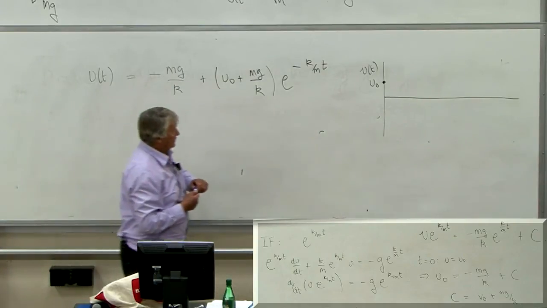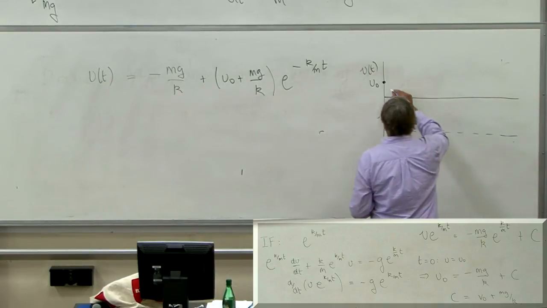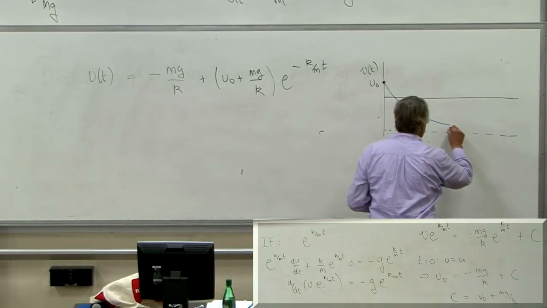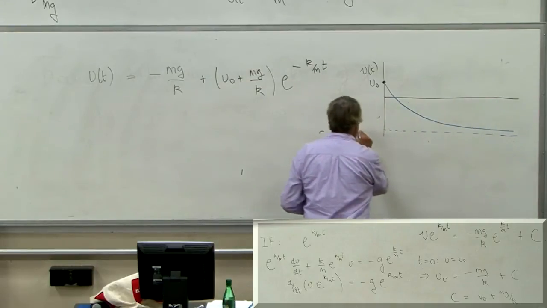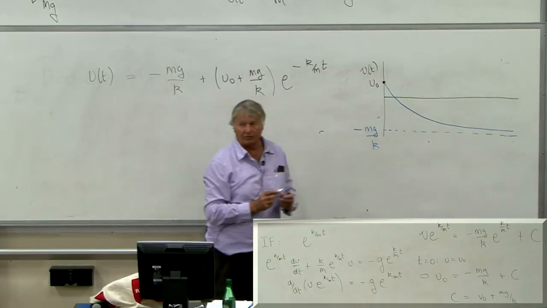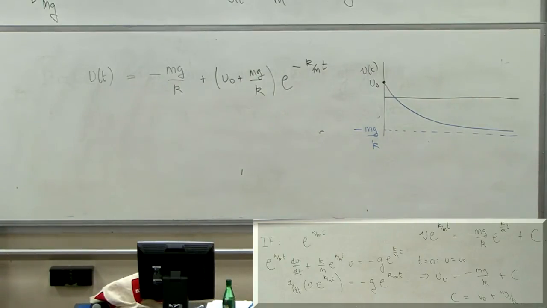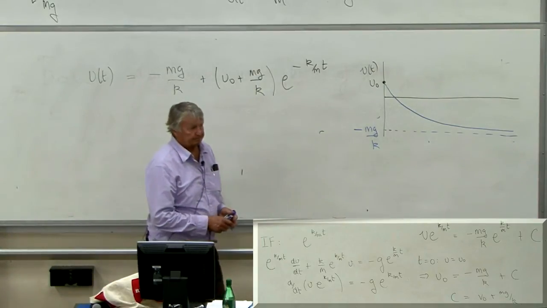At minus mg over k. So I go like this, where this is minus mg over k. In other words, I'm falling down with a final, or what we call terminal velocity, of mg over k.